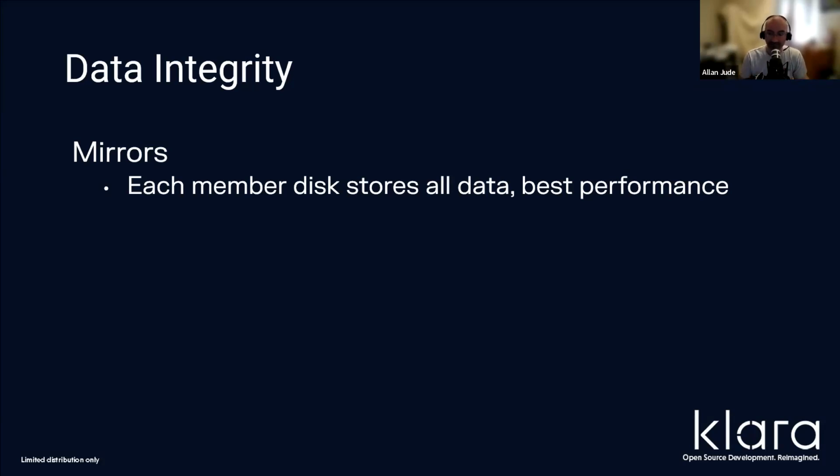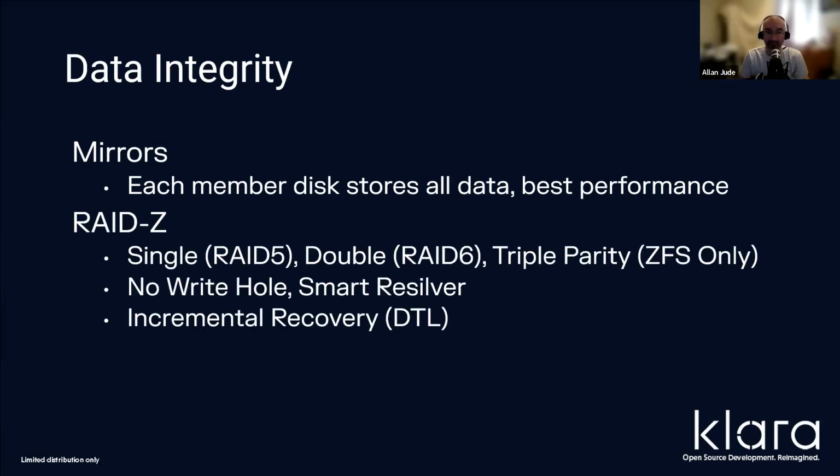With ZFS, we then verify the checksum. If it's not right, we can read from the other side of the mirror, ensure that that's right, and then update the failed side of the mirror and get everything back to working, where hardware RAID has no abilities to do that. Another really interesting thing that RAID Z can do is incremental recovery.